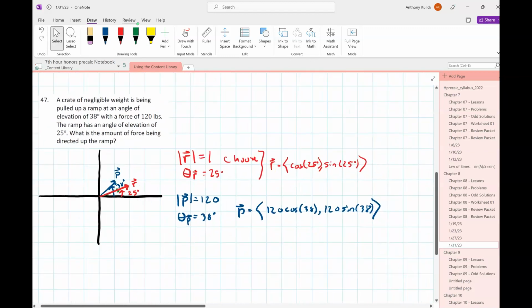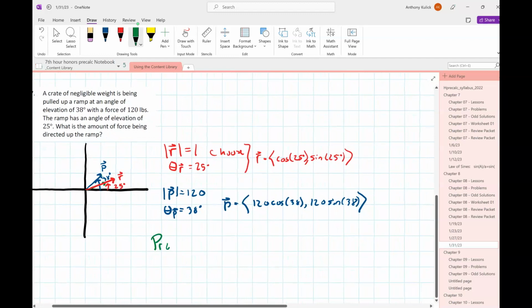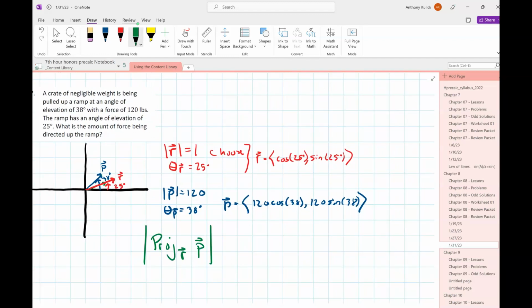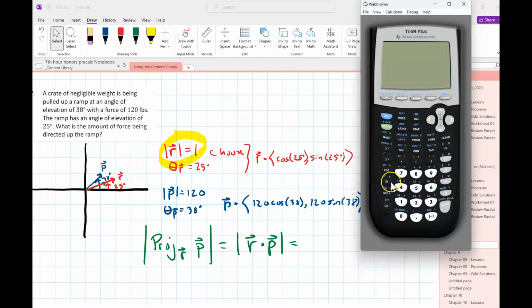Okay. So again, then we want this projection, right? So now, because we're dealing with a unit vector, this projection calculation is much simpler. It's just the absolute value of the dot product of those two vectors, which is way nicer than what we had to do before.